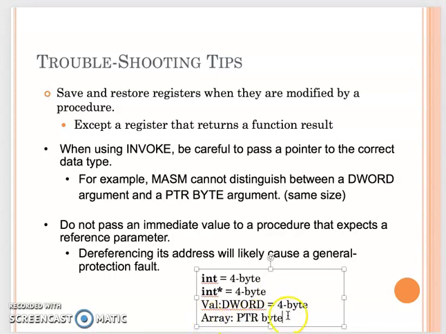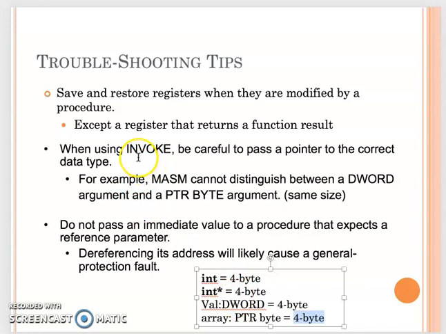But here, when you say you want to pass by reference, this one is what? It's 4 byte. Right, so even though we know passing by pointer, passing by address, or passing by a value are different, MASM doesn't understand that. When they see that, they only consider I will read 4 byte. So that's a little different from the high-level language.